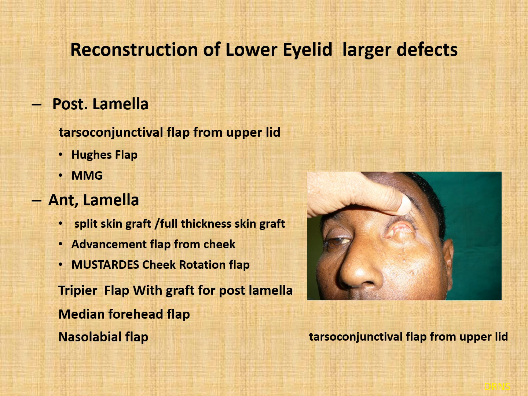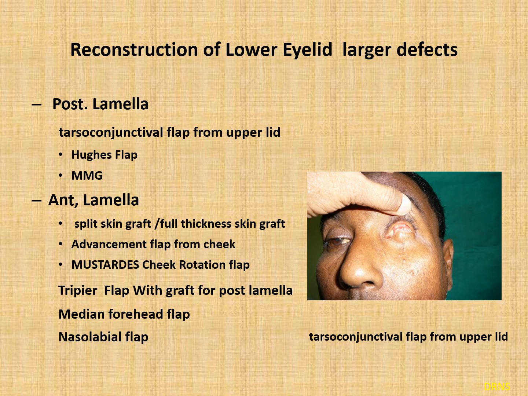Reconstruction of lower eyelid larger defects. Posterior lamella by tarsoconjunctival flap from upper eyelid, called the Hughes flap, or MMG can be placed.